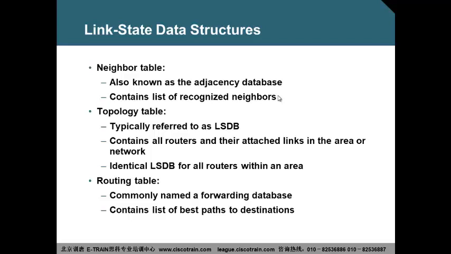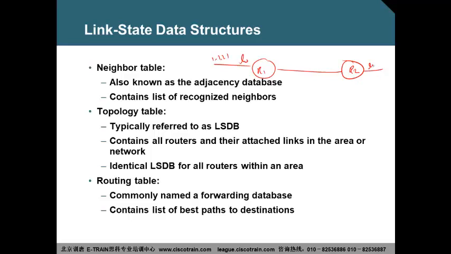What does that mean? Say, for example, I'm taking two routers. Let's say this is my loopback interface 1.1.1.1. This is my loopback interface 2.2.2.2. And this is my physical interface 10.0.0.1, and 10.0.0.2.